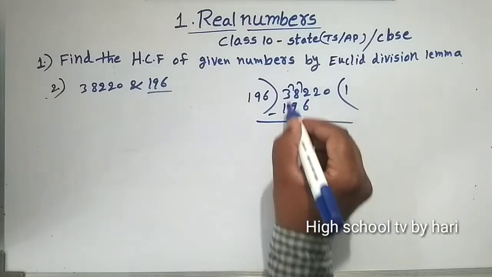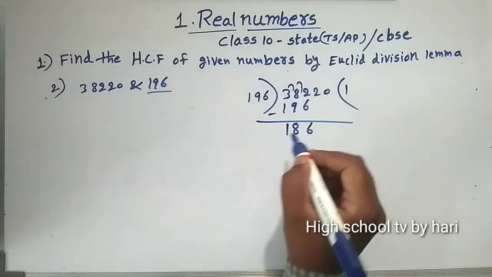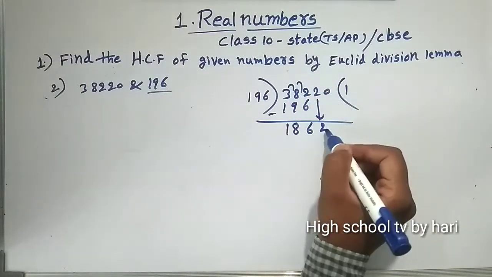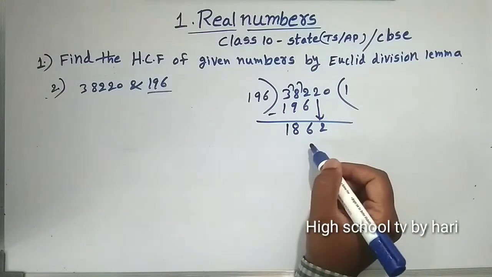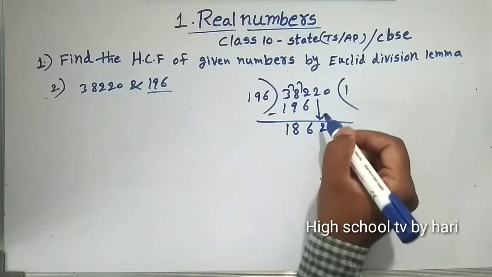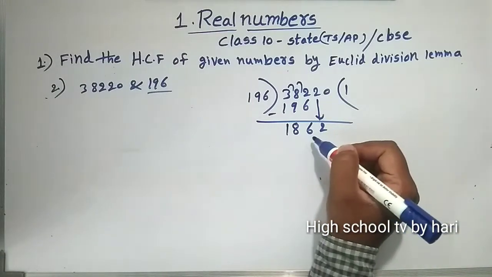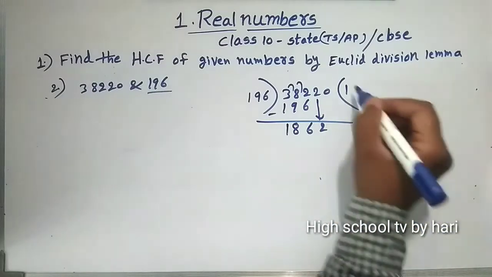Remaining here 2, 2 minus 1 is 1. So it is 186. First complete the total division, then this remainder becomes the divisor. Here the total digits are not completed, that's why I am taking this 2. 1862 is there. Now 196 nines.